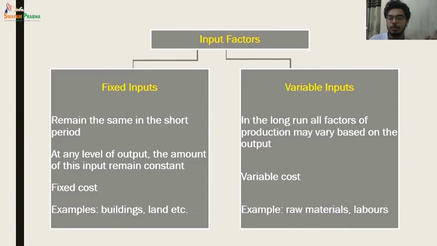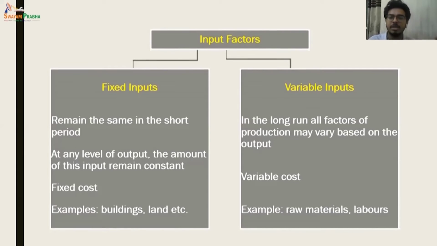In those 30 days, that becomes your long run, where you can change all the inputs. So whatever the output is, you can make 100, 120, 60, or just 70. Similarly, in terms of the fixed input, you may make 20 biryani one day and 40 biryani the next, but you have one kitchen.